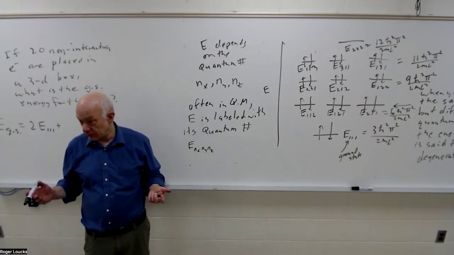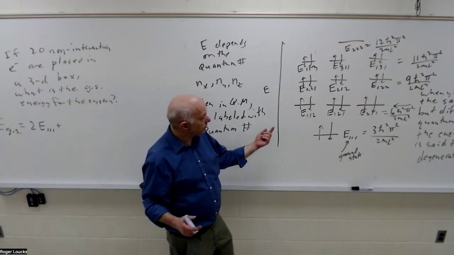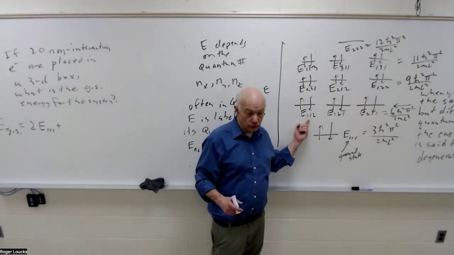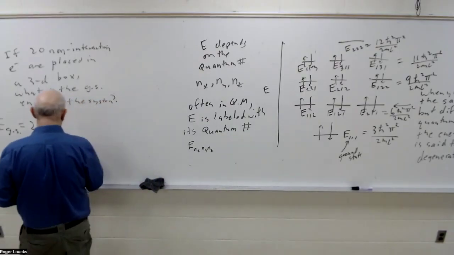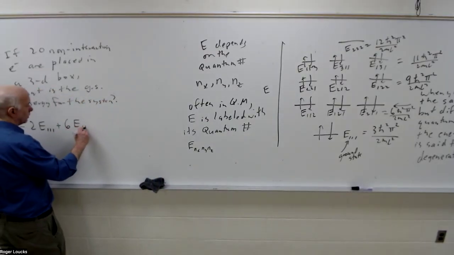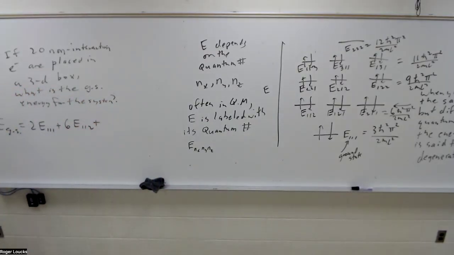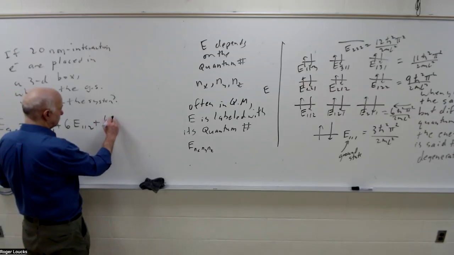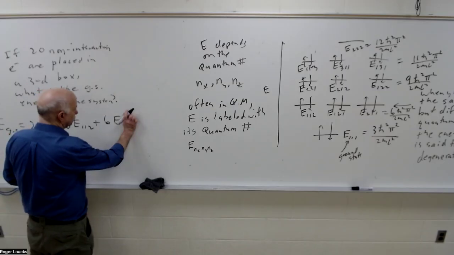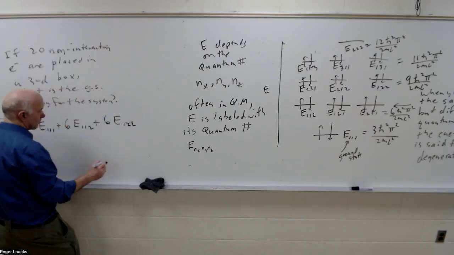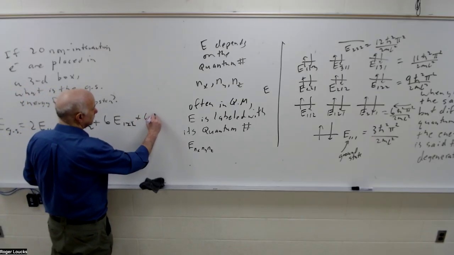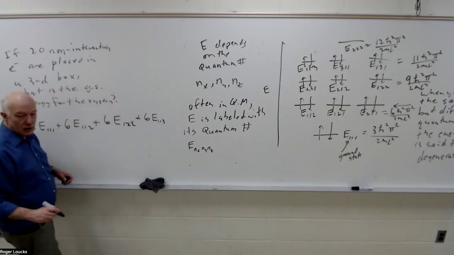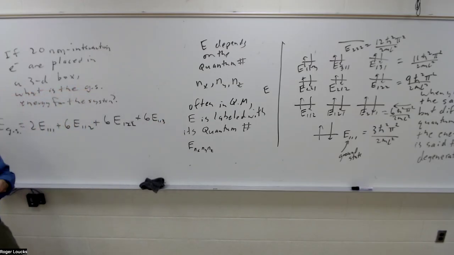Because their energies are all the same. So I can take 6 times one of these energies. So I'm going to have 6 times E112 plus 6 E122, then 6 E113.